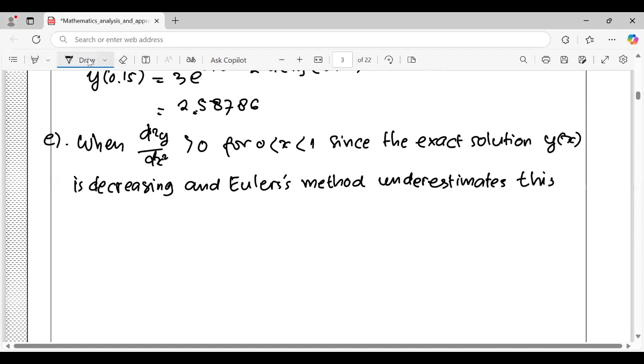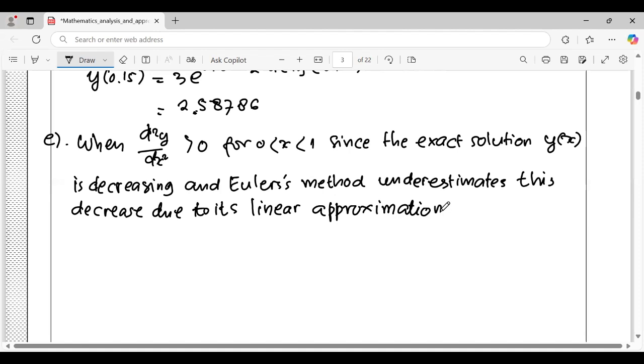Okay, I have to copy my brief explanation about this. This decrease is due to its linear approximation of the slope.